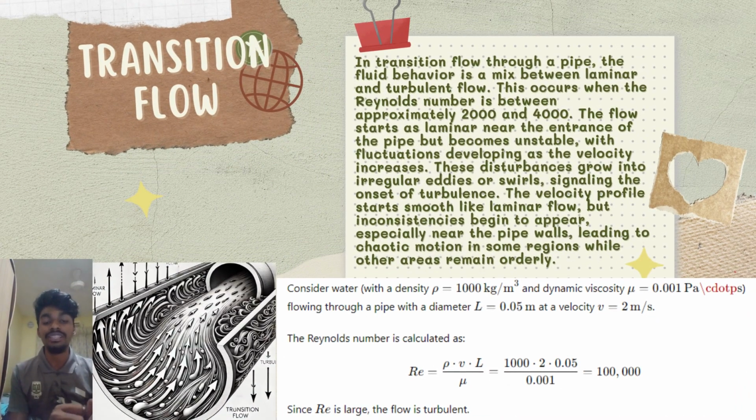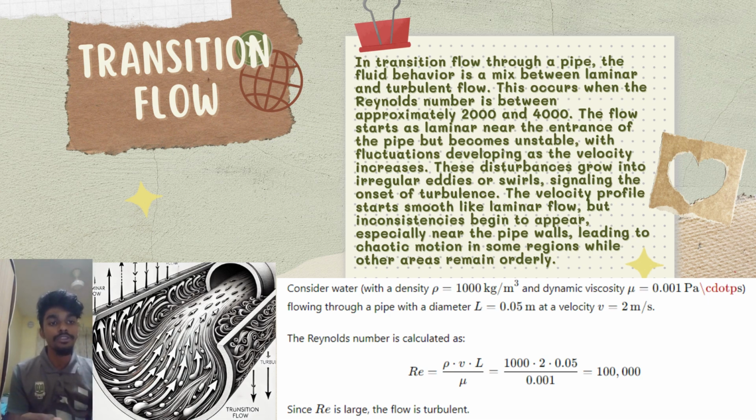Next, what is transition flow? In transition flow through a pipe, the fluid behavior is a mix between laminar and turbulent flow. This occurs when the Reynolds number is between approximately 2000 and 4000. The flow starts as laminar near the entrance of the pipe but becomes unstable, with fluctuations developing as the velocity increases.